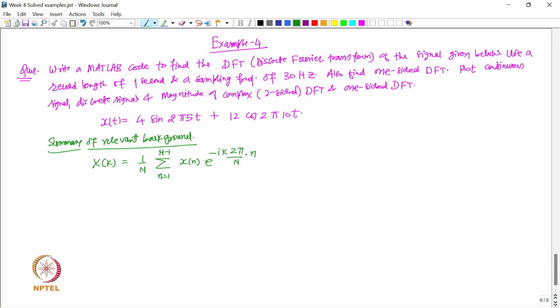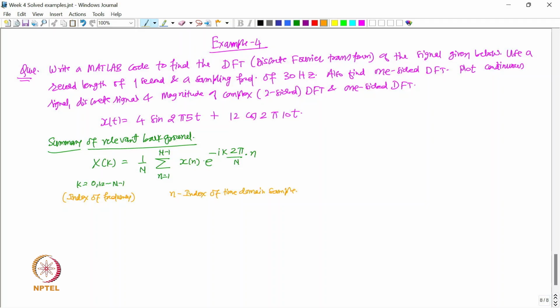Here k varies from 0, 1, 2 up to N minus 1, where k is the index of the frequency line and n is the index of the time domain sample.